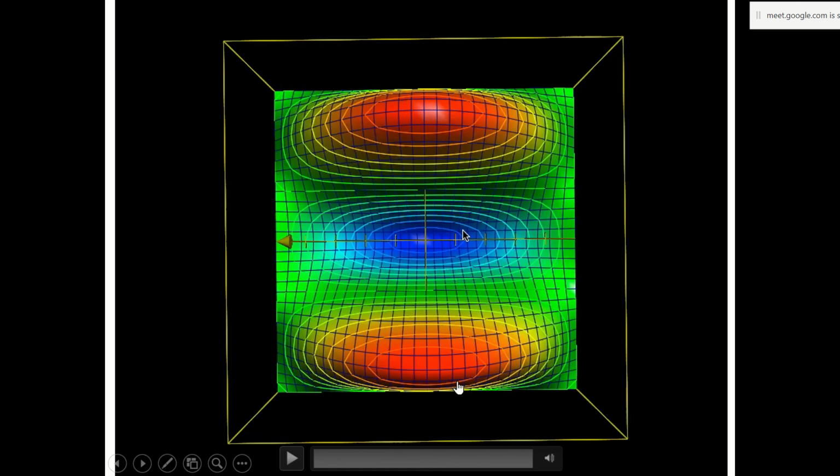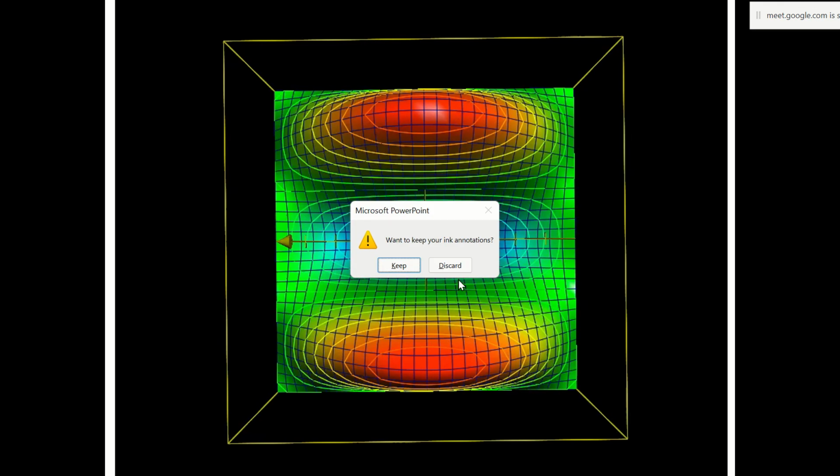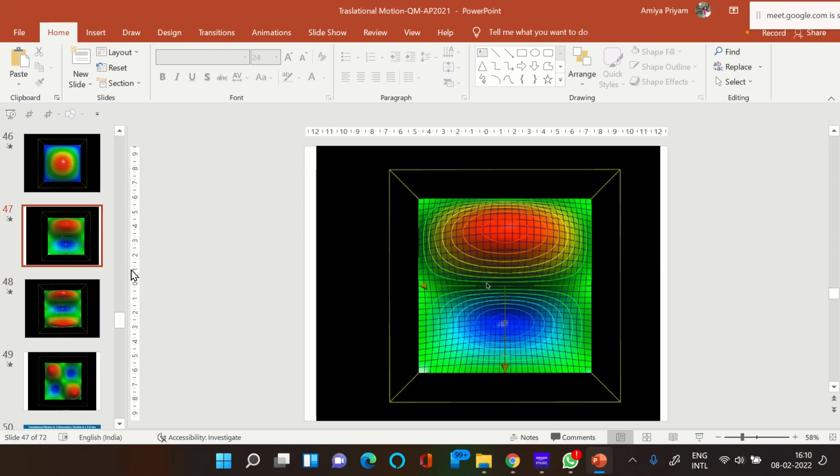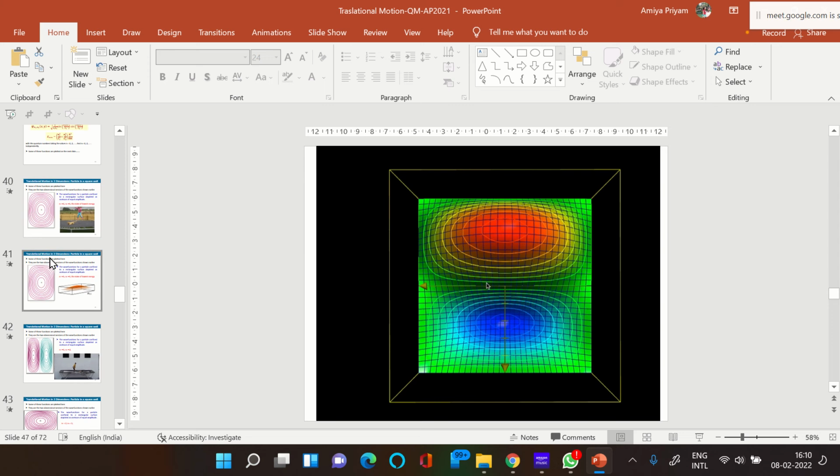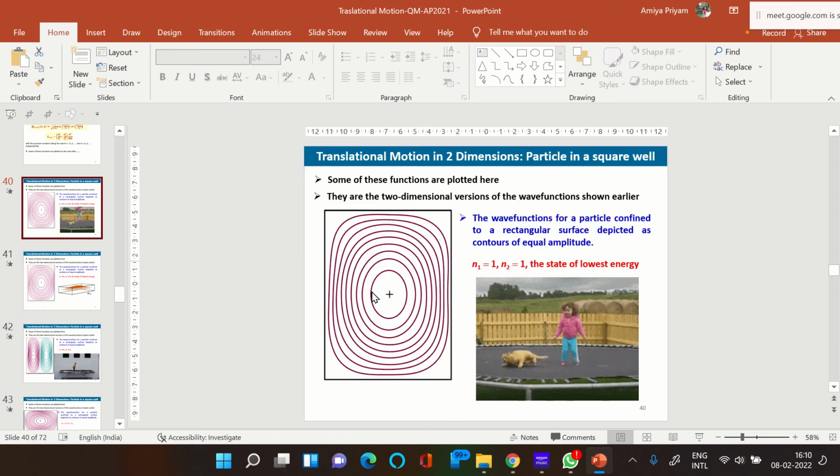So going to the next, that was 1 1 and 2, so we have three situations that we had imagined. First, when both n1 and n2 are equal.